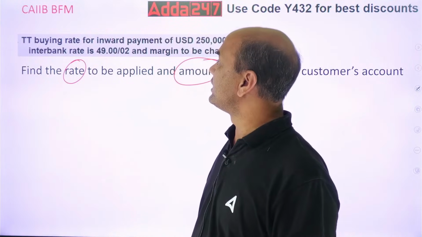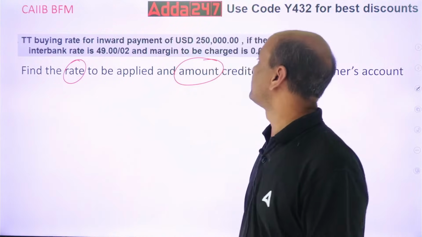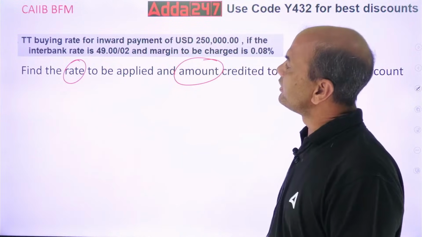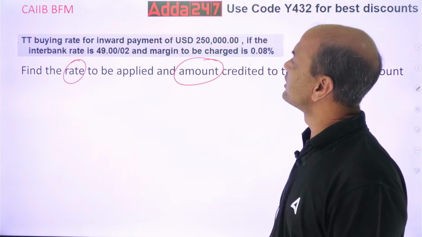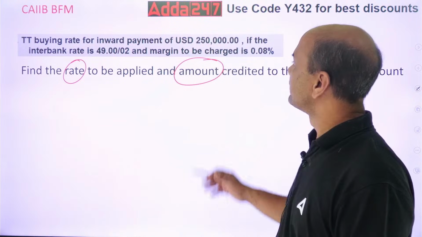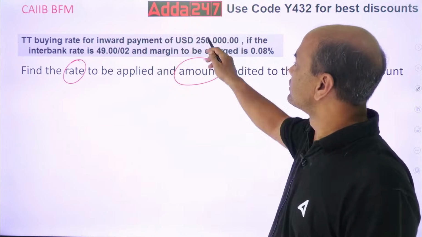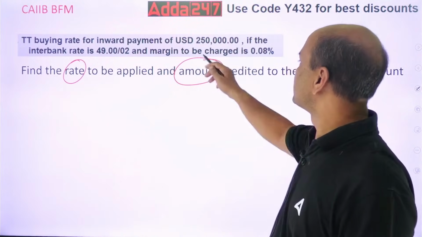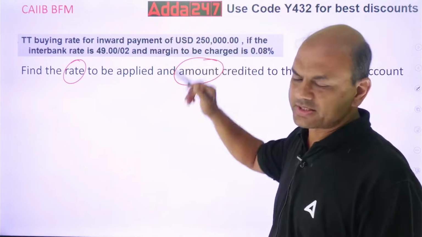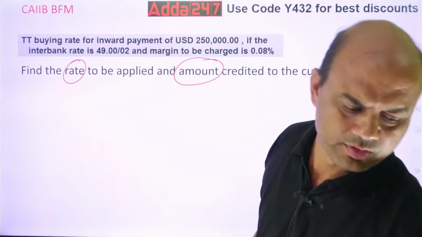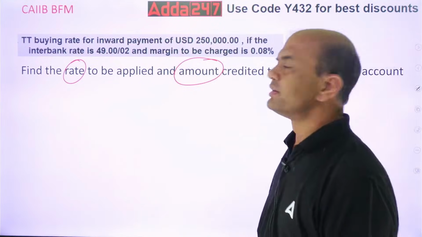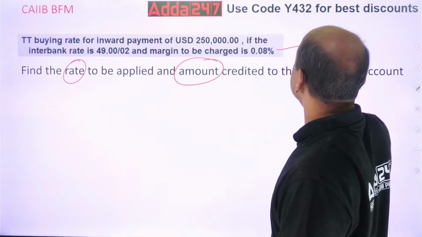What is given? TT buying rate for inward payment, interbank rate is 49.0002. Amount is 2,50,000. Margin is 0.08. Now what margin does this mean? This margin means TT margin or exchange margin.